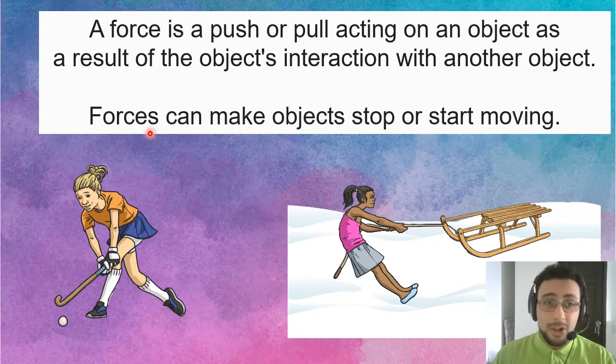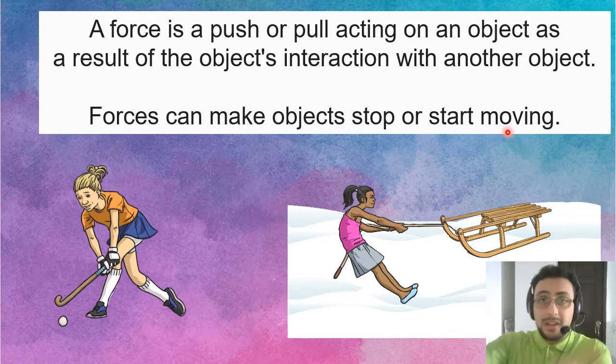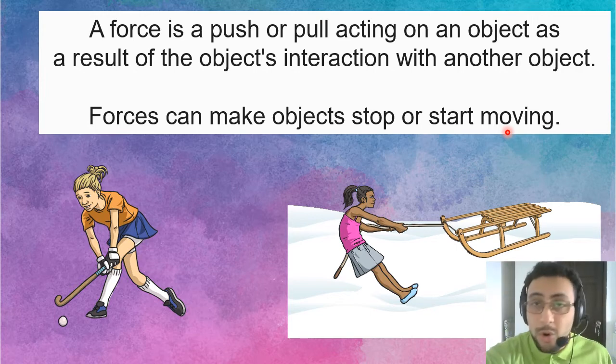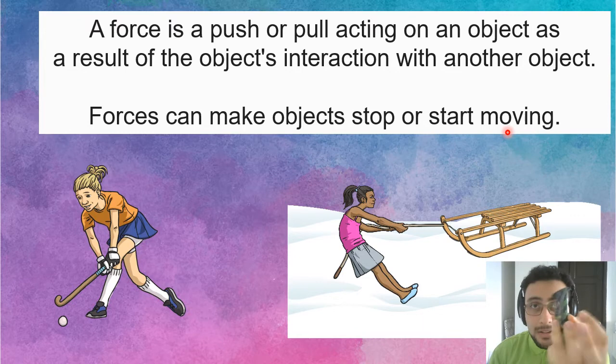For example, forces can make objects stop or start moving, right? You see, right now, it stopped, and I make it start moving. Or if it's falling and I grab it, I stop the moving.